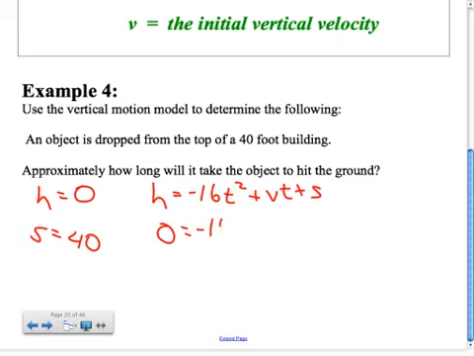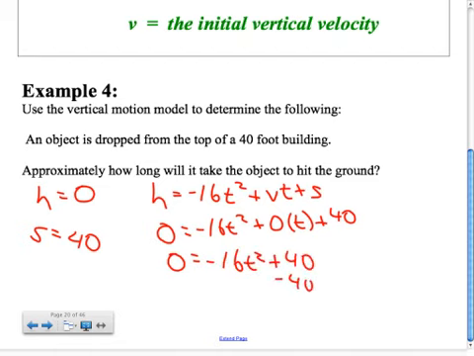We know we have negative 16t squared plus, we don't know our initial velocity. Well, we do know our initial velocity. Our initial velocity, when I'm holding it at the top of the tower, is 0. So 0t plus 40. And so here's where I end up. I have 0 equals negative 16t squared plus 40.